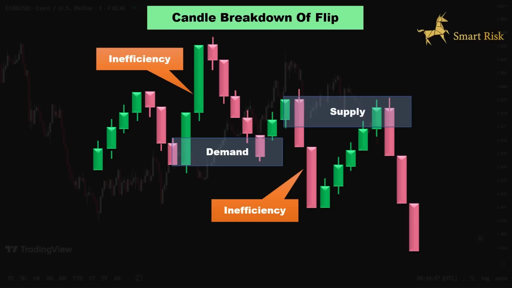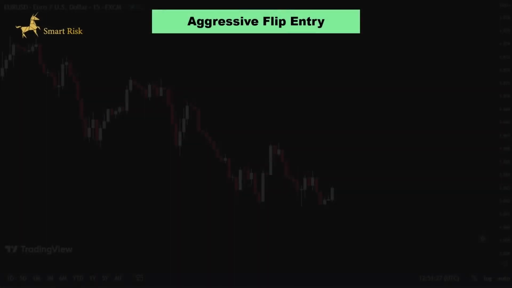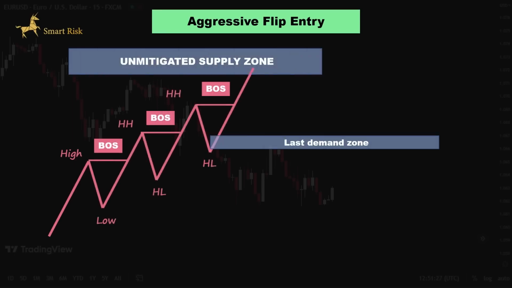So next, I'm going to show you how to use aggressive and conservative entries to place trades with the flip setup. I'm going to start with the aggressive entry. As you can see, we have a valid flip pattern where price rejected from a higher time frame supply and couldn't make a new high, and after testing the most recent demand zone, breaks it downward.